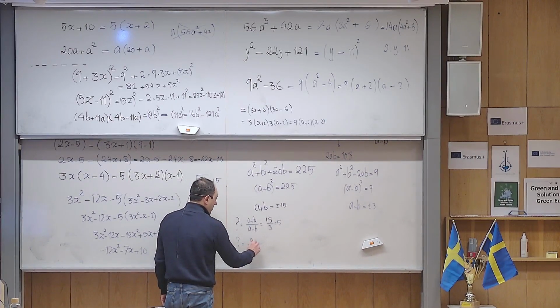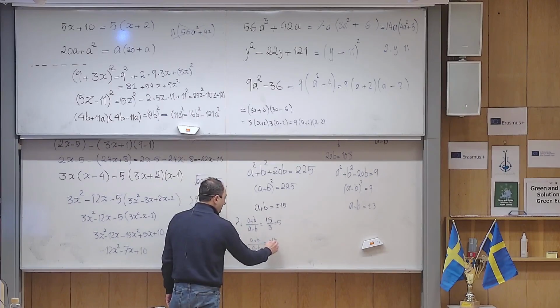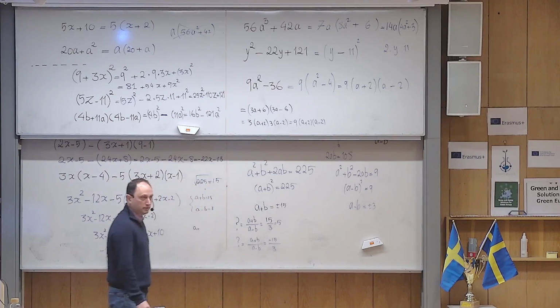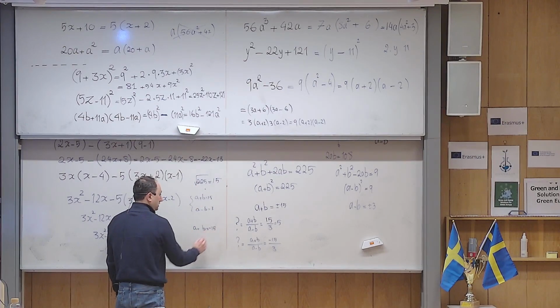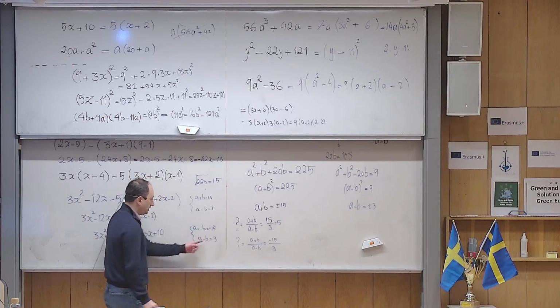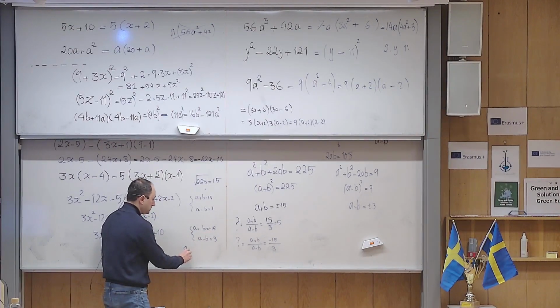So is it possible to have A plus B minus 15, A minus B 3? Is it still possible? Let us check. Yes, when I add them up, 2A becomes minus 12, so A becomes minus 6.